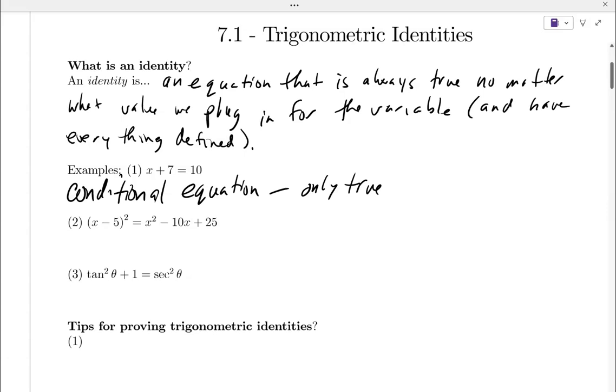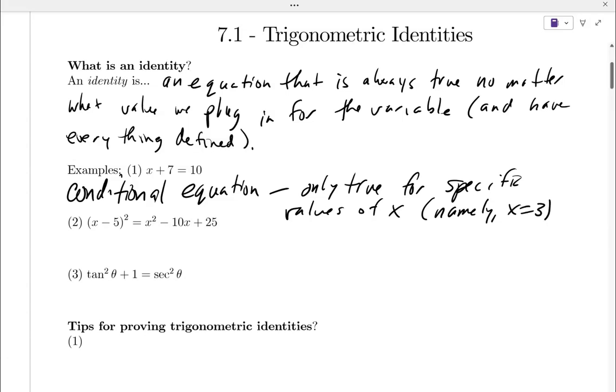Only true for specific values of x. In this case, namely, x equal to 3. Conditional equations are the ones that you're used to solving, right? Try to figure out what x is. That's what we mean by a conditional equation, okay? That's not what we're doing with identities, okay?